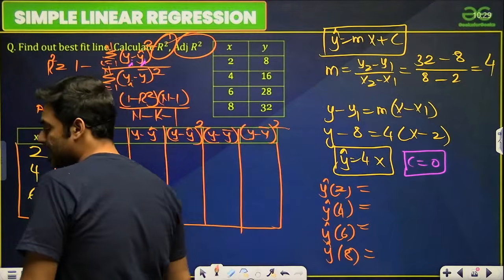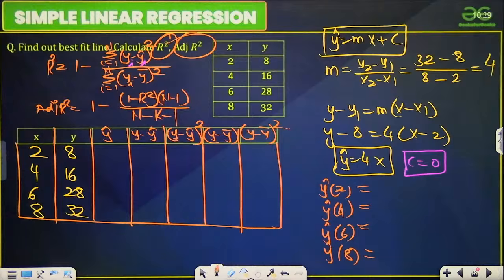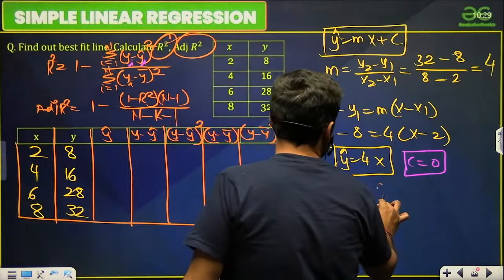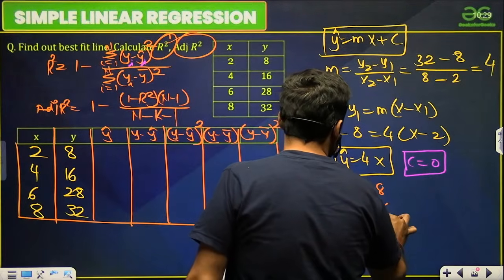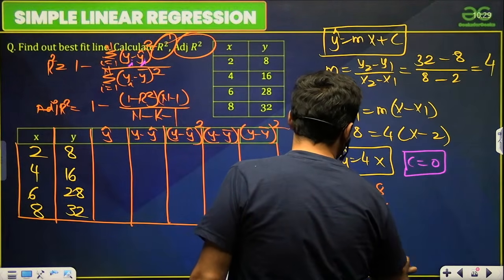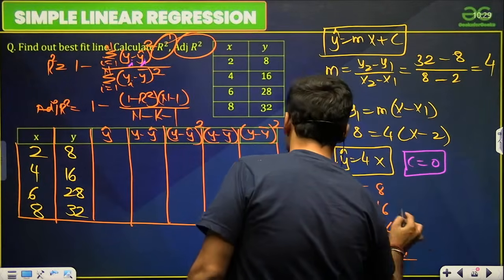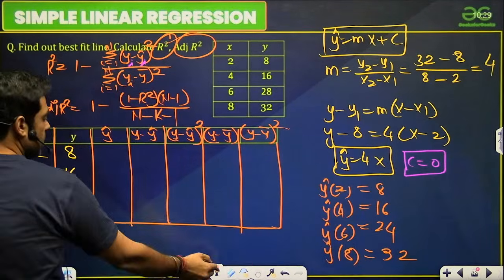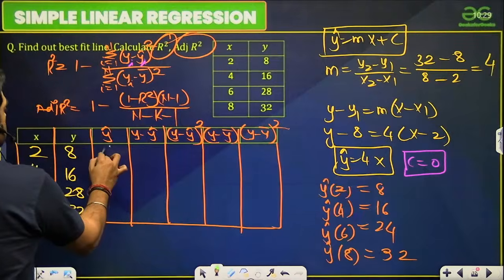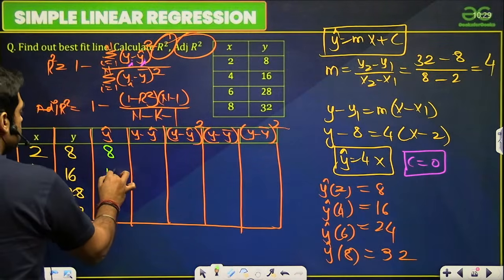You should be very quick in the calculation. थोड़ा सा जल्दी जल्दी करेंगे तभी प्रैक्टिस बनेगी आपकी. So what is y hat 2? This is 8, y hat 4 is 16, y hat 6 is 24, and this is 32. So I can write all the values over here: 8, 16, 24, and 32.